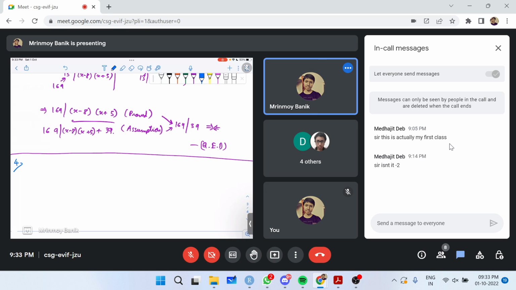Now the last one was a pretty routine problem. We had to prove that 18 power 1980 plus 385 power 1980 is not a perfect square.